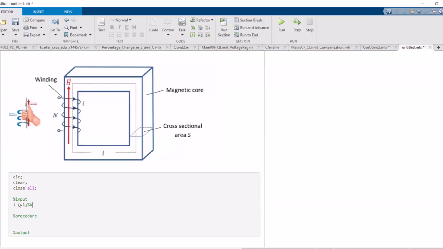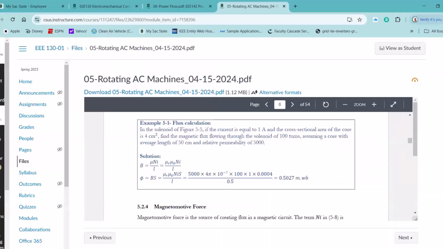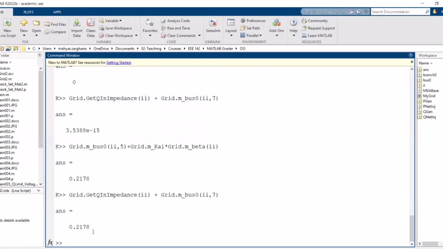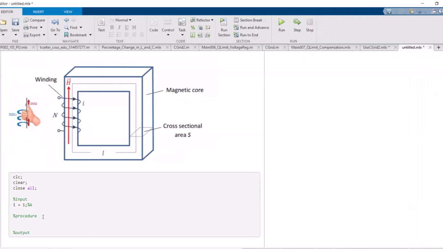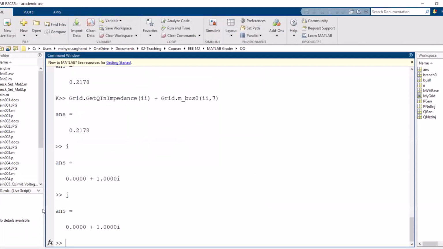Also keep in mind that by default, i and j in MATLAB are considered to be the square root of -1, right? So if you do assign another number to them, and you need to use i and j in complex number calculations, you can always use 1i and 1j.